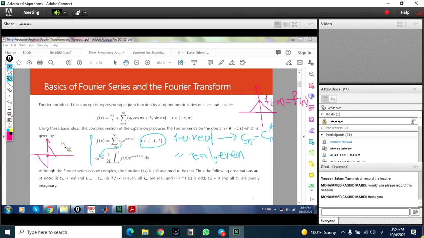And if you remember, f(-x) is equal to minus f(x). And this function is odd. Okay?